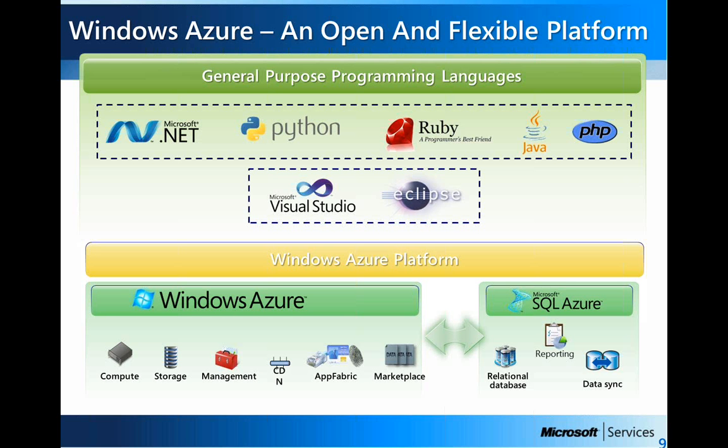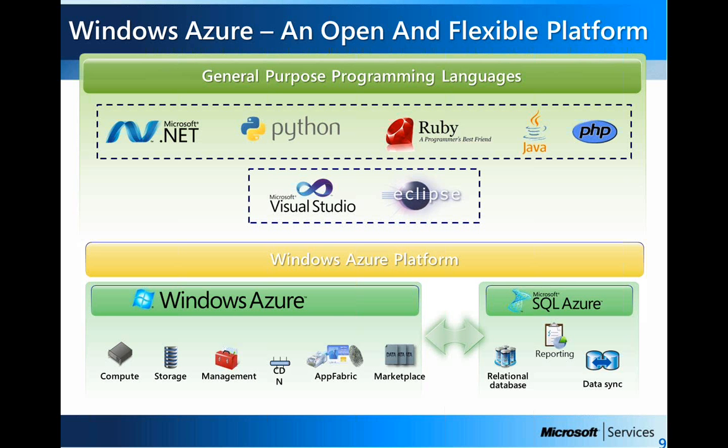So when you talk about the Windows Azure platform, it provides you both a development environment as well as a hosting environment. And it mainly provides three components or three services. Here you can see these three services. The first is Windows Azure.